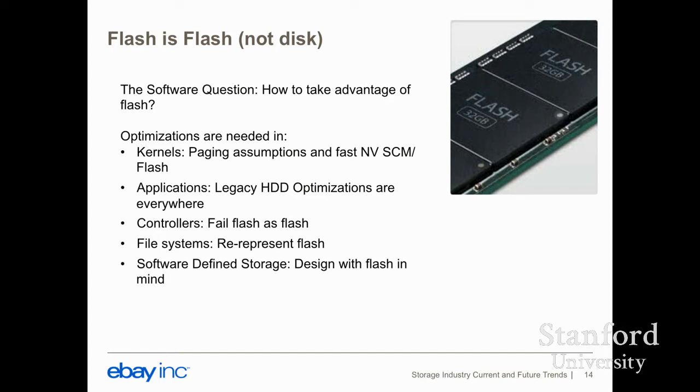So, for instance, if we have flash that's fast enough, like NVMe, which is a very fast protocol for drives, replacing SAS potentially, and we've seen latencies in the 20 microseconds range.